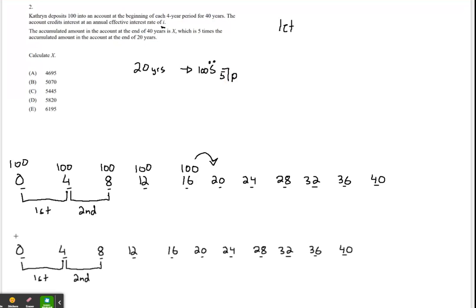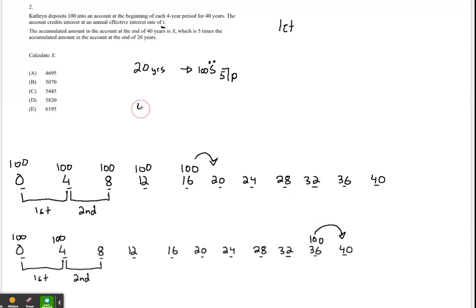Now, at the end of 40 years, it's going to be a series of 100 payments. And for the same reason as before, we're not going to include this payment right here. That's going to be officially in this time period, and that's going to be too late. So all of these are going to accumulate to time here.